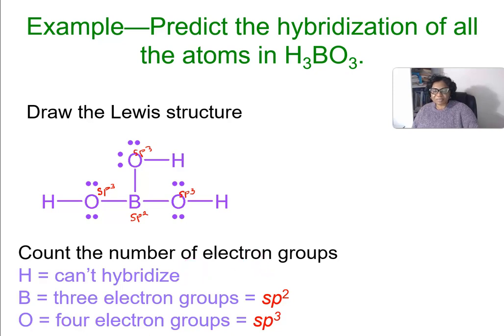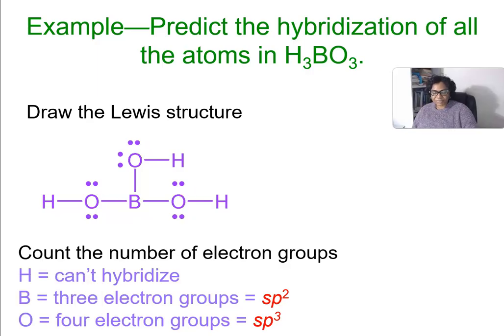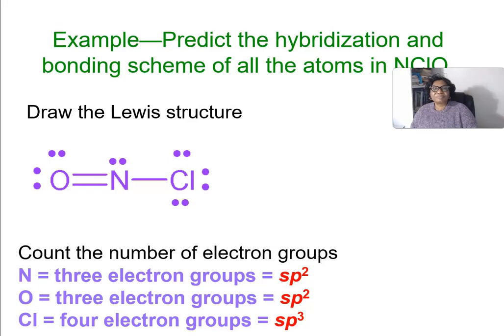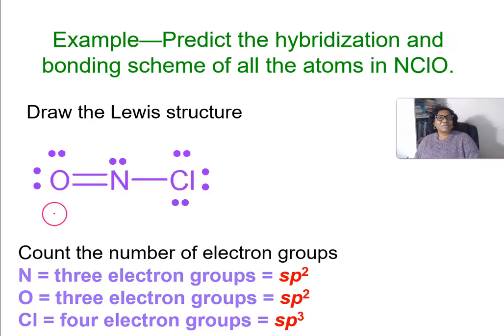Let's take another example. Predict the hybridization and bonding scheme for all the atoms in NClO. Draw the Lewis structure. This is our Lewis structure. Then let's count. 1, 2, 3.